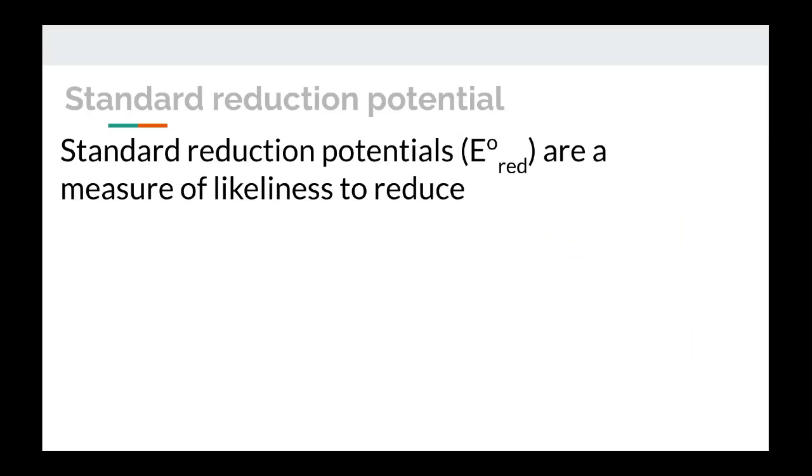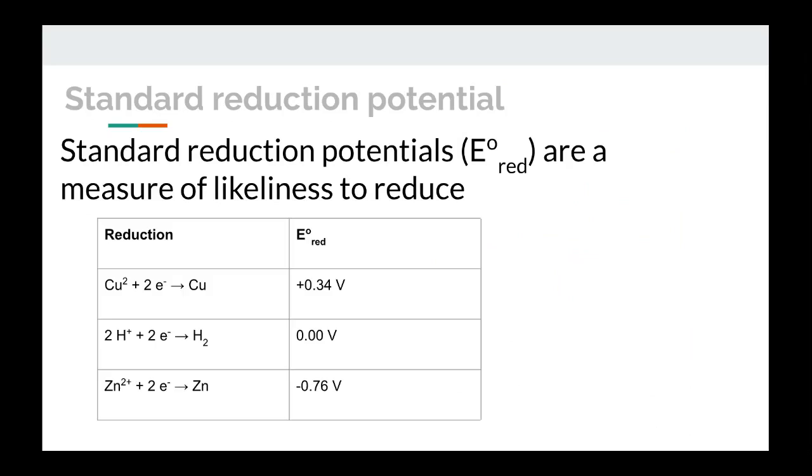A way of thinking about their usefulness is that standard reduction potentials are a measure of the likeliness of a half cell to reduce. So let's put 3 things on here that we're familiar with. Copper has a reduction potential of positive 0.3 volts. Hydrogen ions, or hydronium ions in the model we were using, have a reduction potential of 0 volts, and that's by definition.